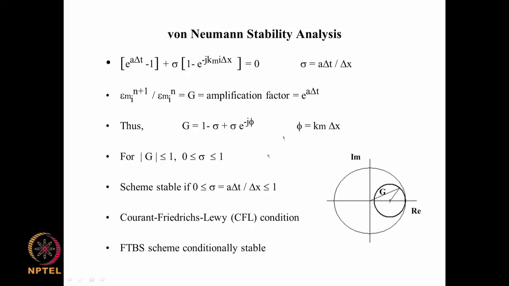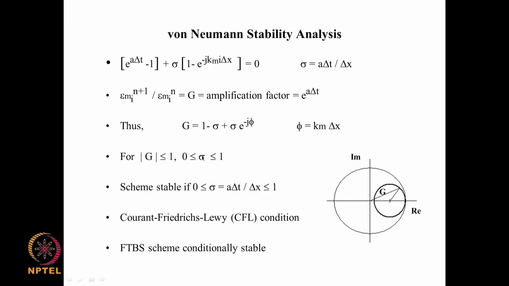This thing here is the unit circle, and this is the circle made by this function g, which is centered at 1 minus sigma with this as the radius. As long as sigma is less than or equal to 1, g will be less than or equal to 1.